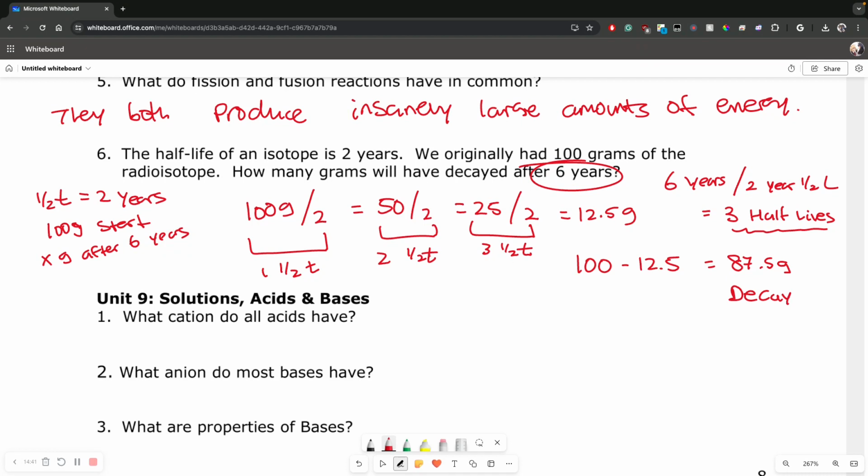Usually it doesn't ask for that, but I guess I should have read it better. Life lesson here, folks, is to read the question properly, because it might ask in a weird way, to subtract. So the amount that decayed is going to be 87.5 grams, but you'll end up with 12.5 grams afterwards.